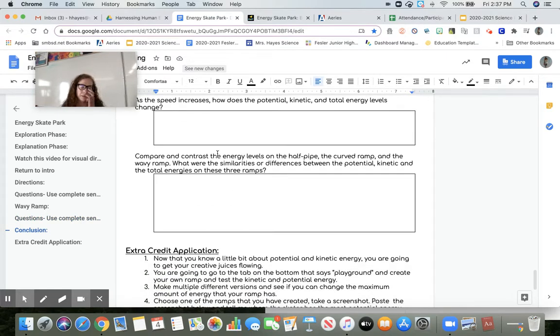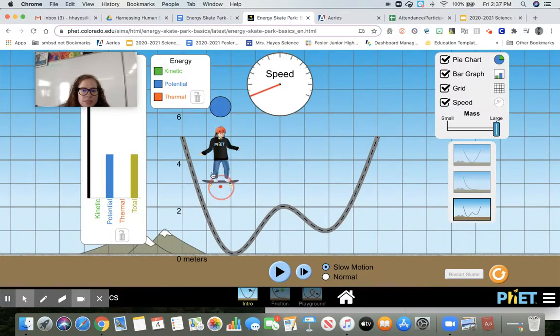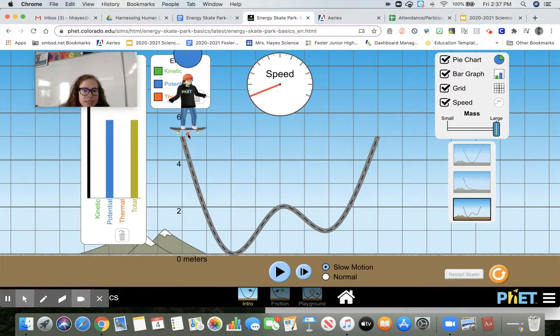All right, now our compare and contrast. We're going to compare and contrast the energy level of the half pipe, curved ramp, and wavy ramp. It's okay if you don't do curved. What are the similarities or differences between potential, kinetic, and total energy? In other words, the top of the ramp is kind of the same. Let's put them on the ramp.